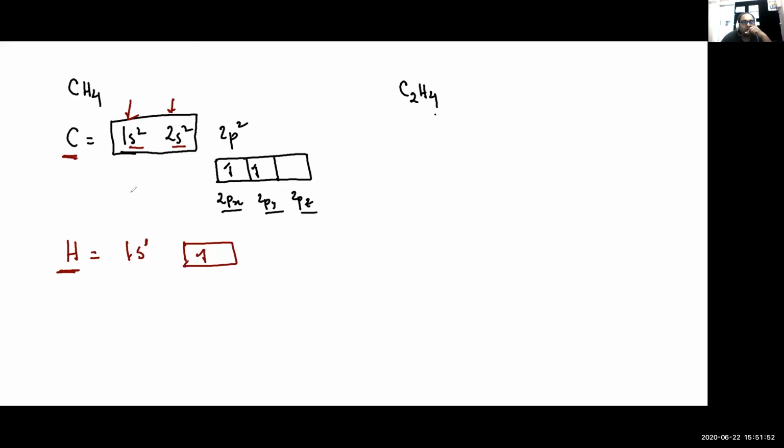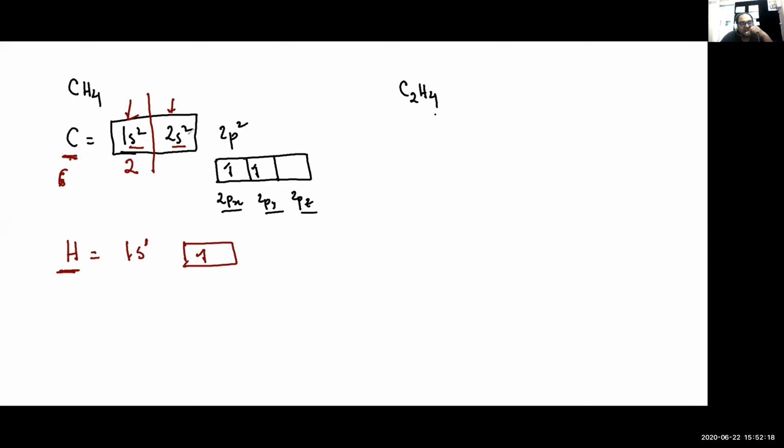So hydrogen is one. Carbon has 6 electrons, right? So this is the first shell. How many electrons does the first shell have? 2 electrons. So this has 2 electrons.